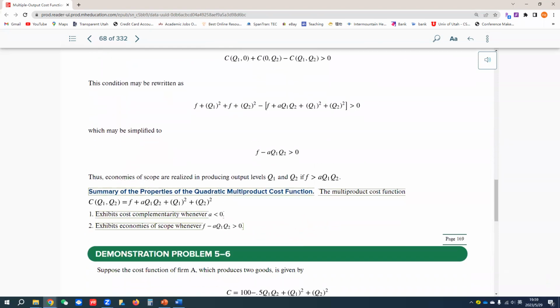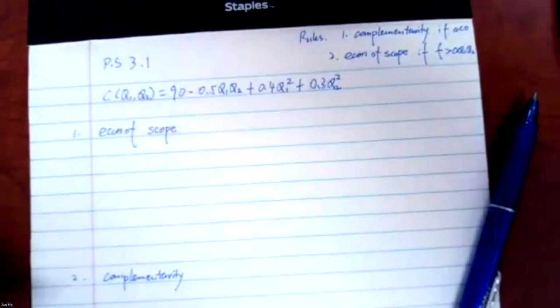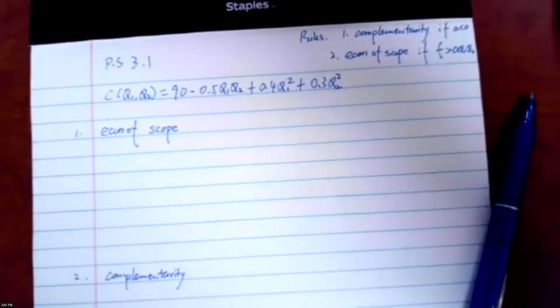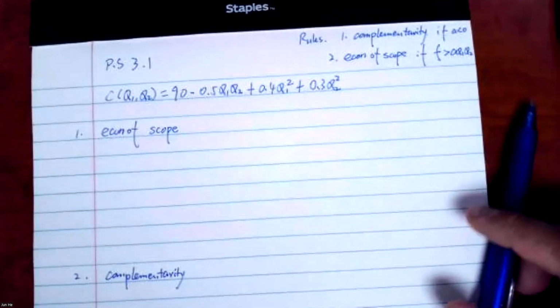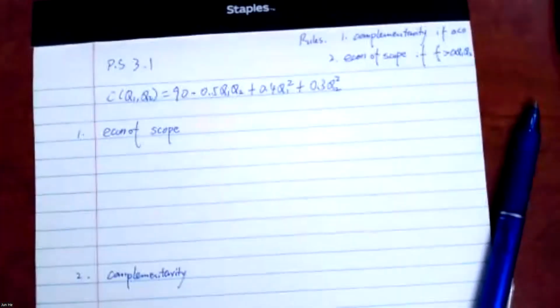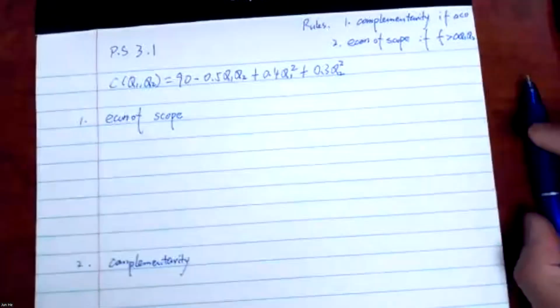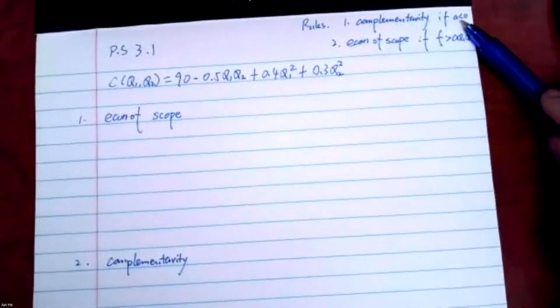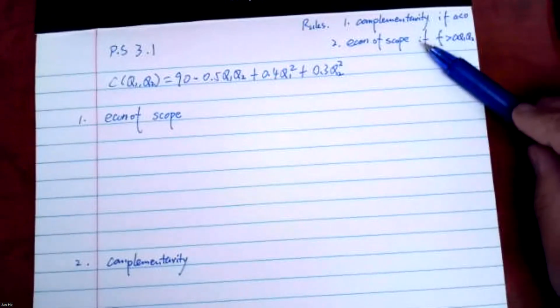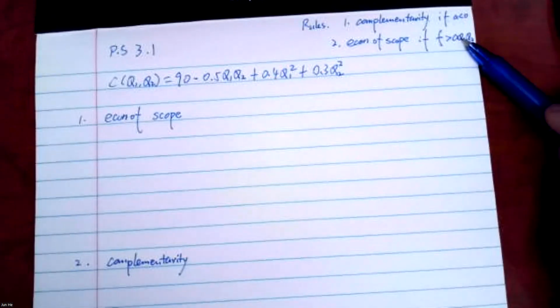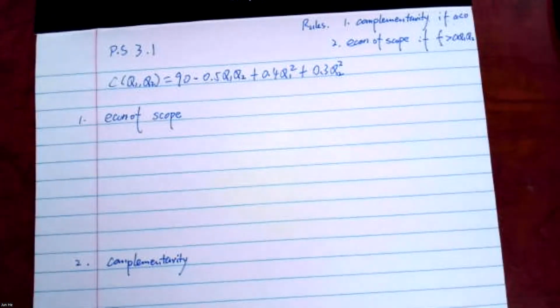Now let's look at the application of this. I just copied down those conclusions. Here we are looking at an example taken from your problem set 3.1. If A is smaller than 0, there is cost complementarity. If F is greater than A Q1 Q2, there is economies of scope.